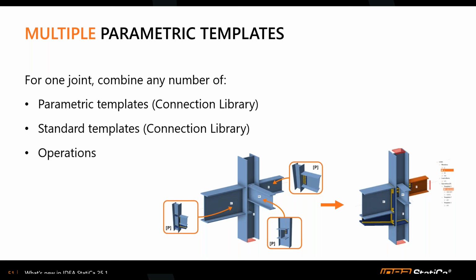Previously it was not possible to do that. Now, if you want to make use of any number of parametric templates to apply in your specific connections, you can do so. So it basically saves you time as well with the modeling of your connections.